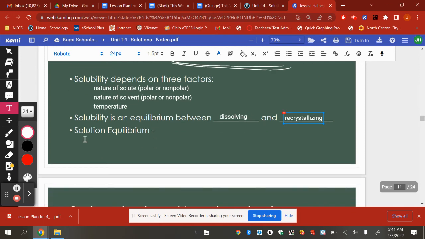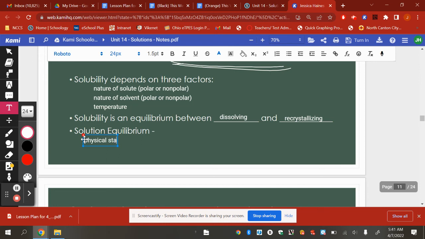So we're going to define this. Solution equilibrium is that physical state in which the opposing processes of dissolution and crystallization of a solute occur at equal rates.